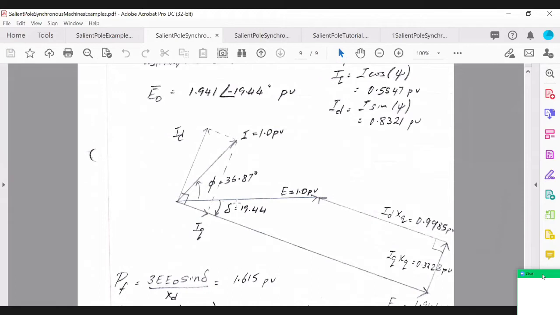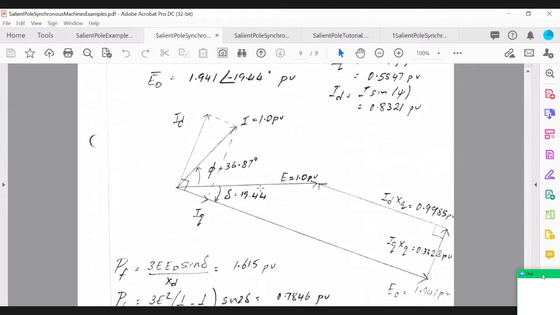phasor diagram. So I've drawn the phasor diagram for a leading power factor salient pole motor, right? So as you can see, we start with the reference. That's your phasor E, which is the terminal voltage, and then I've drawn the induced voltage E naught, and that's your current, which is a leading current at a certain angle phi.